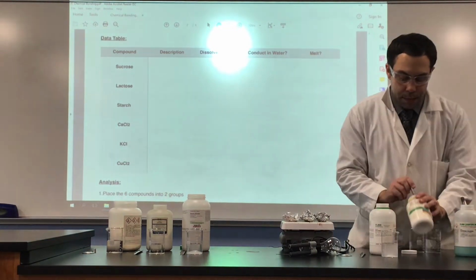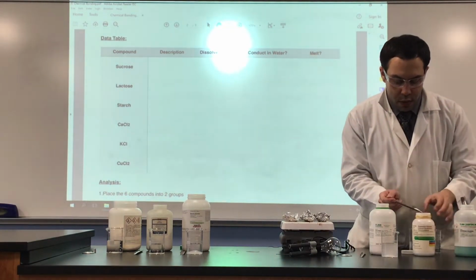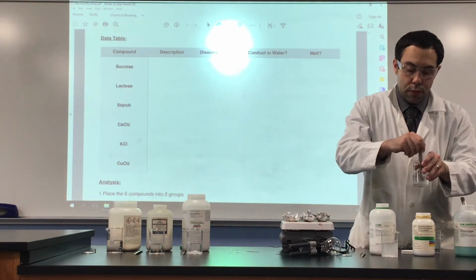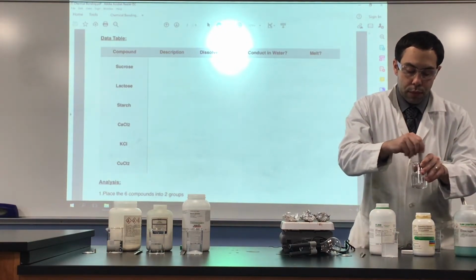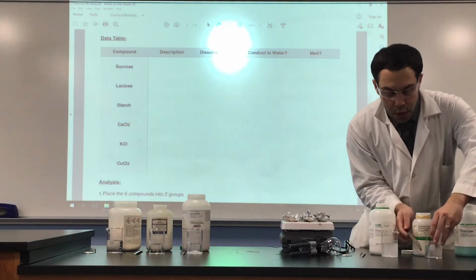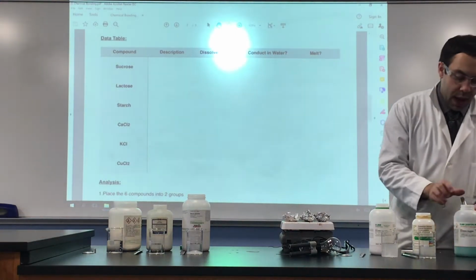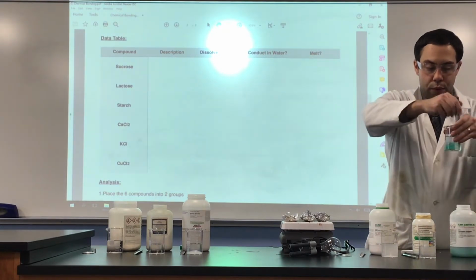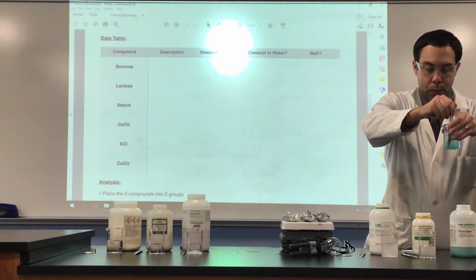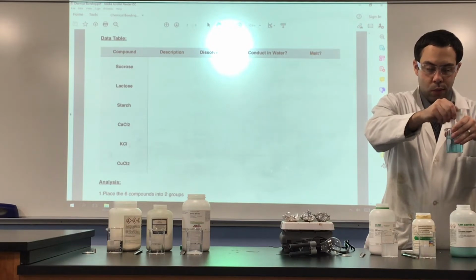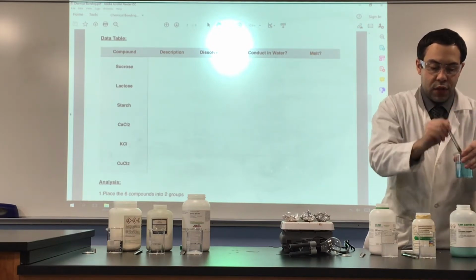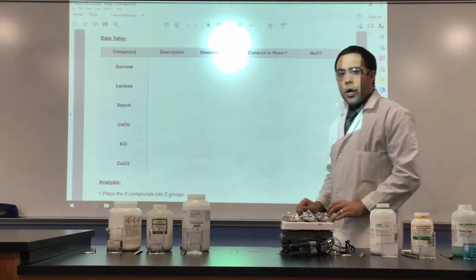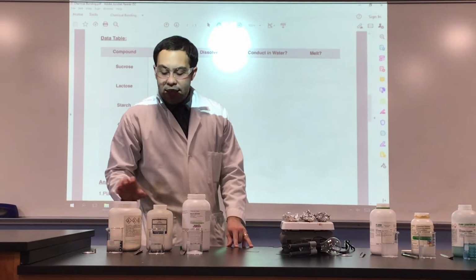And put it to the side. Potassium chloride. Stir. And last but not least, the copper 2 chloride. Take a scoop. And stir. So I'll do a close-up of if they dissolved or not in a second.